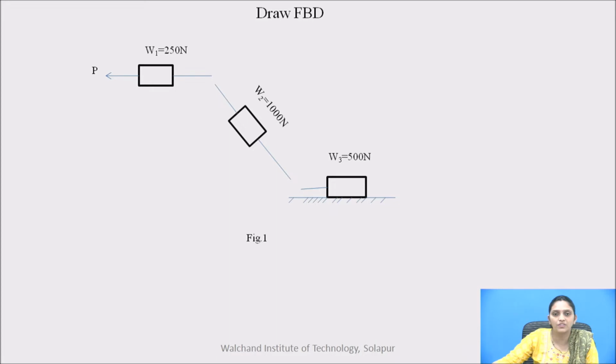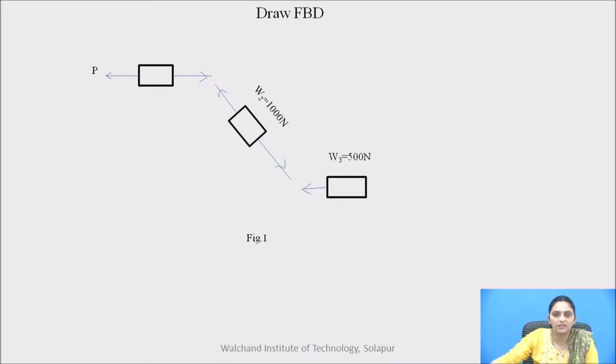After removing the support and the connection with the other body, it will be like this. Instead of the connectivity with the other body, show the forces, so that it will be in equilibrium under the action of these forces.